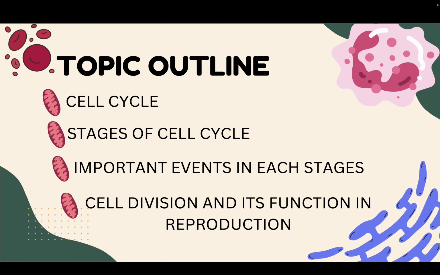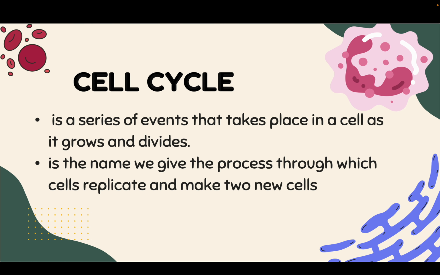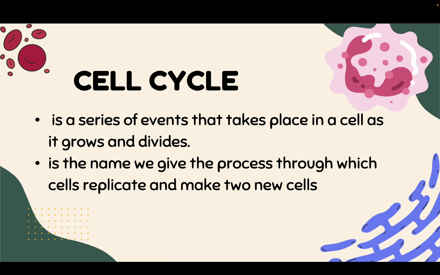So let's discuss a few topics that will reinforce your learning and are required for you to be able to perform the activity. First, let's take a look at the cell cycle. The cell cycle, as the name implies, is a process or an event that all cells in an animal body undergo, a set of events.